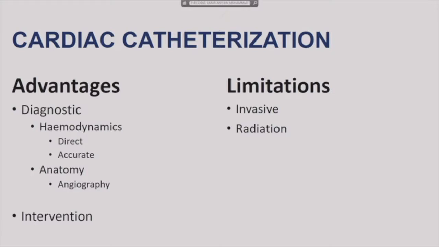We usually would document the duration of our fluoroscopy, and we try to reduce or minimize the dose of radiation that we use. It involves contrast, without which we will not be able to delineate the anatomy beyond just obtaining the hemodynamics. And of course, in children, it requires anesthesia.